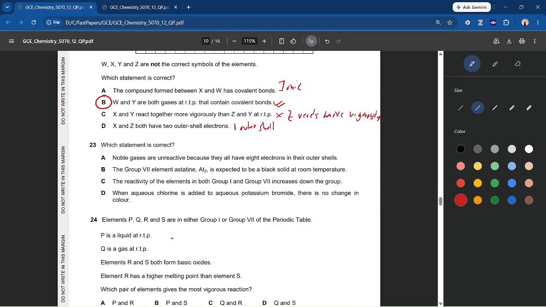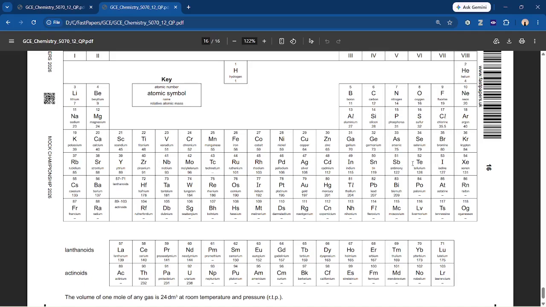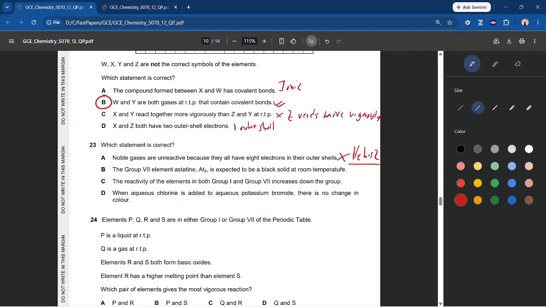Which statement is correct? Noble gases are unreactive because they all have 8 electrons in their outer shells. This is not correct because helium has 2. The group 7 element astatine is expected to be a black solid at room temperature. If you take a look at the periodic table, astatine is right below iodine, and iodine is a black solid, so this could be correct. Let's take a look.